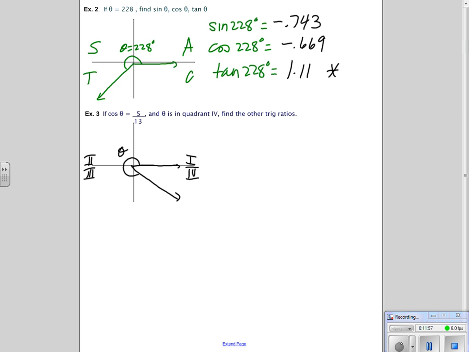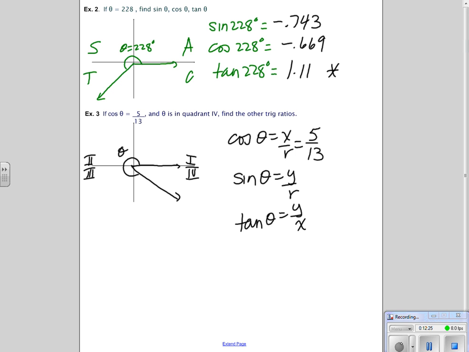And cos theta is 5 over 13. So we know that cos theta is x over r, which is 5 over 13. So we know our x value and our r value. In order to come up with the other two trig ratios, we need our y value. Sine theta is y over r, and tan theta is y over x.